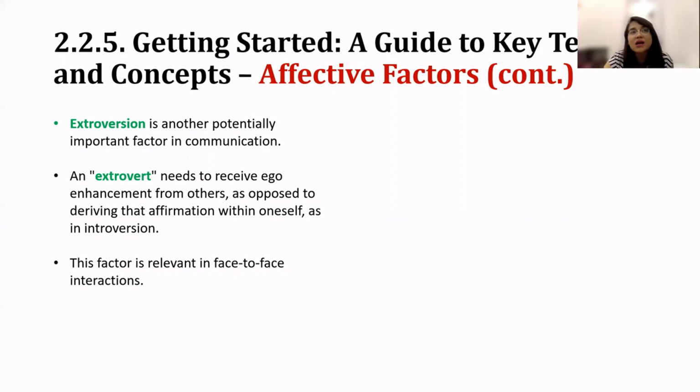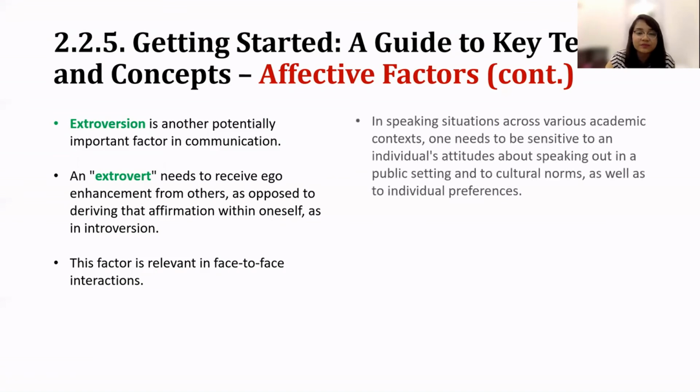For example, one seems to be an introvert, but in another culture, it's seen as politeness, or it's seen as respect for others, or it can be perceived as something else. In speaking situations across various academic contexts, one needs to be sensitive to an individual's attitudes about speaking out in a public setting and to cultural norms, as well as to individual preferences.